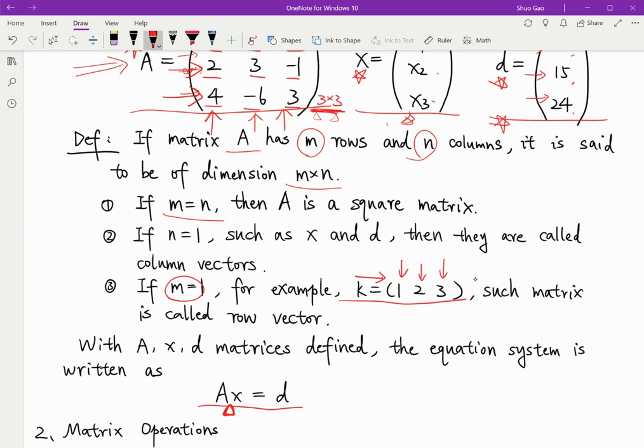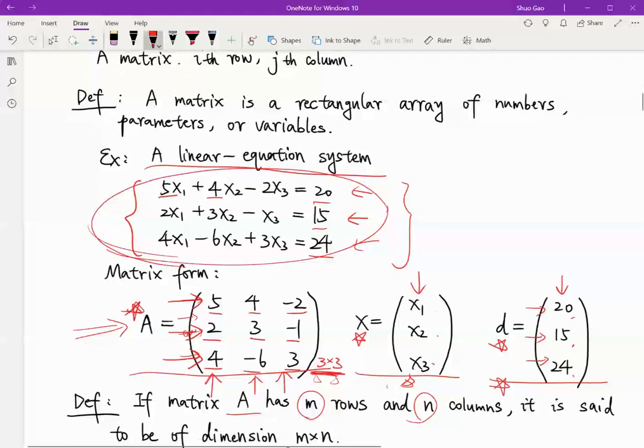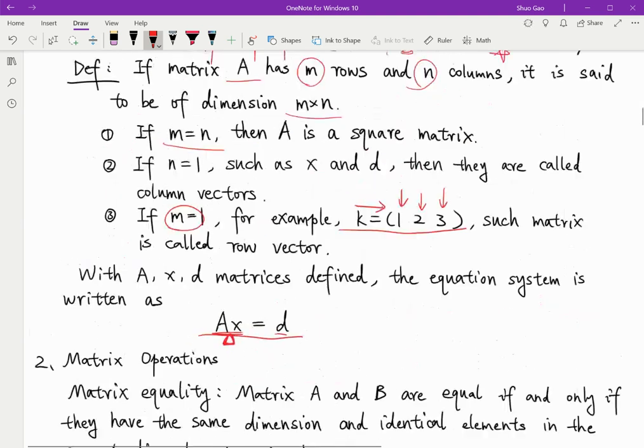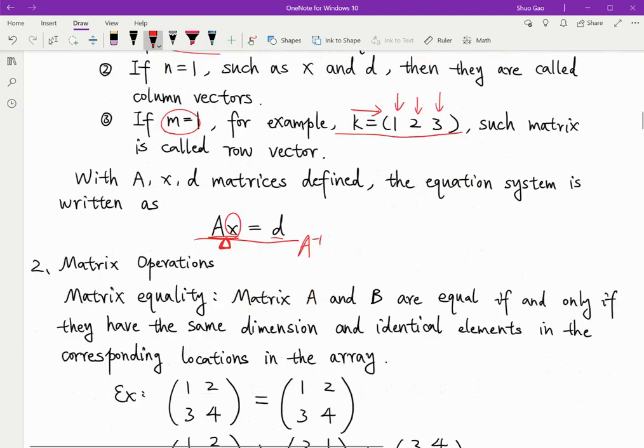So far, we just need to know it's A times X equals D. For example, here we have this A, this X, and a D. So we can change this system into a very simple form, AX equals D, right? And if you want to find out x, you need to know multiplication first and how to find the inverse matrix of A. But we'll talk about it later on.